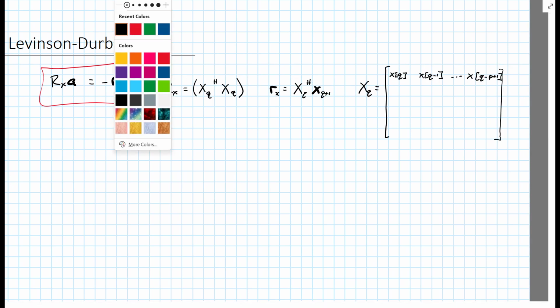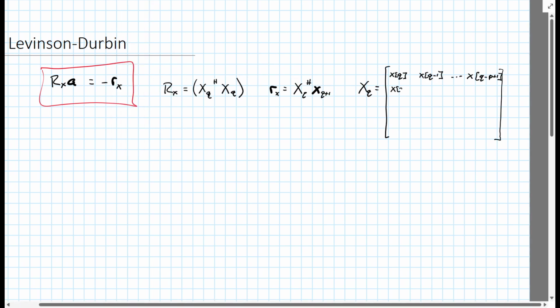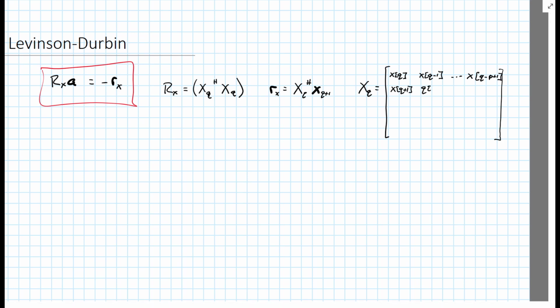And then each row is advanced relative to the previous row. So this will be xq up to xq minus p plus 2, xq plus 2, xq plus 1, and so on.